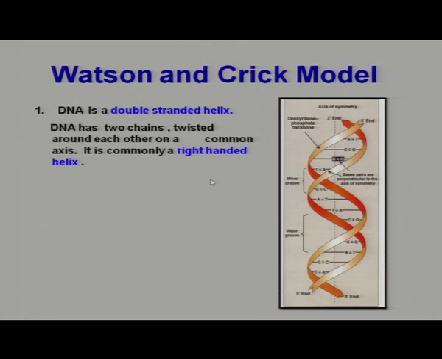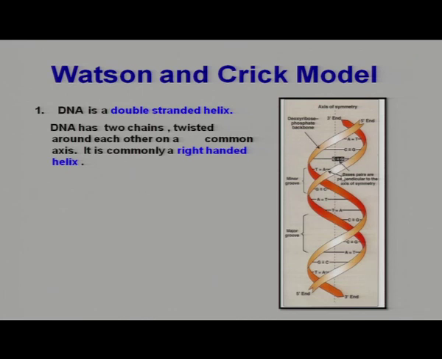Now, let us see some of the features of the model given by Watson and Crick. The first point related to this model is DNA is a double stranded helix. DNA has 2 chains twisted around each other on a common axis, which is a right handed helix.